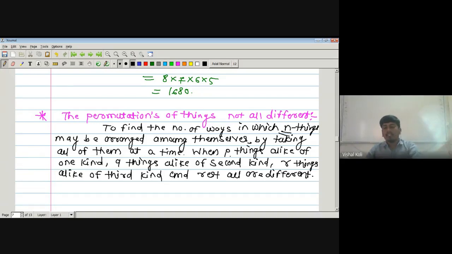Okay, now here we have to find out the number of permutations of these n things by taking n at a time. So let x be the required number of permutations. Okay.